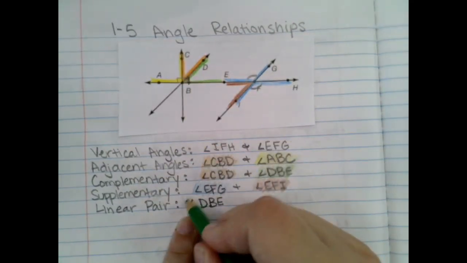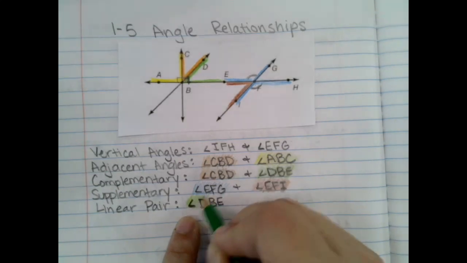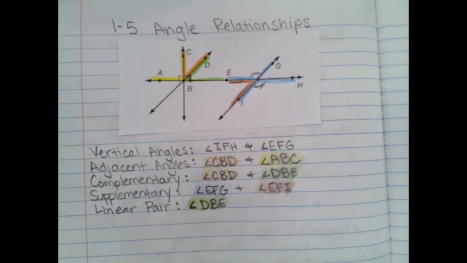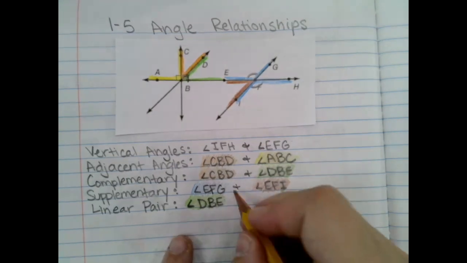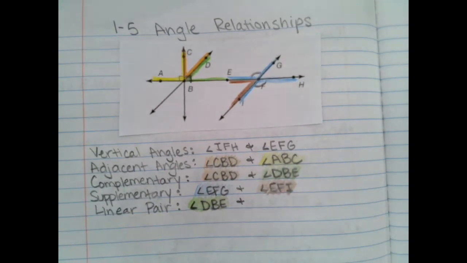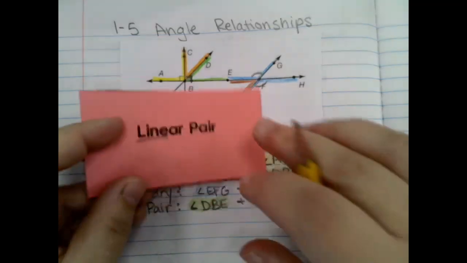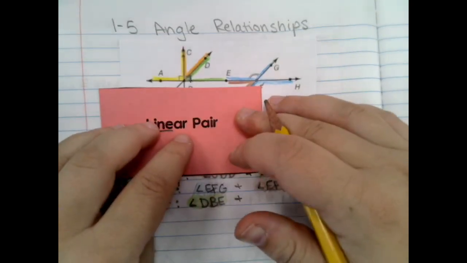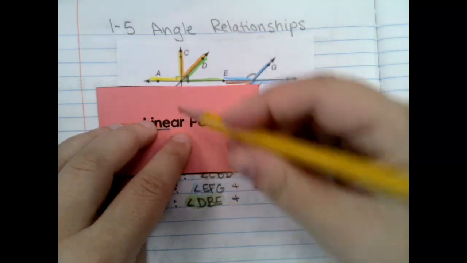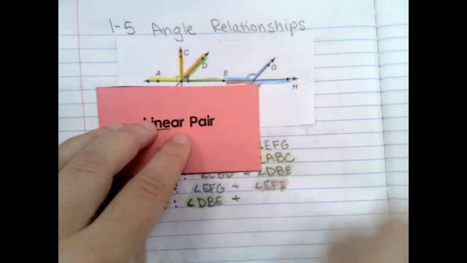So I'm going to just highlight that in green. We already colored it. Now this one's a little trickier. We're looking for a linear pair. So when I look at DBE, that's this one here, and I want to think about making a straight line across.